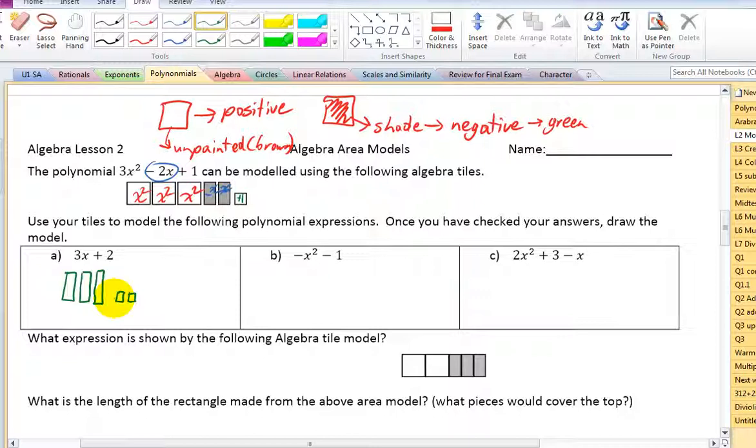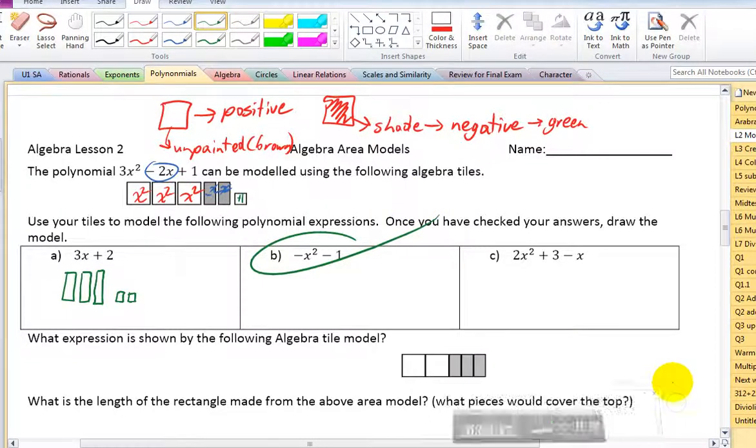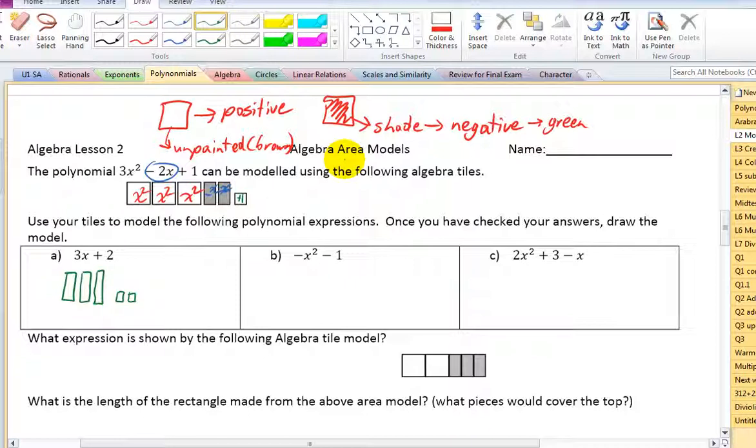Now I think you guys got this figured out. B, go. We should have 1 painted or shaded square and 1 small shaded square. Please draw that right now in your notes.